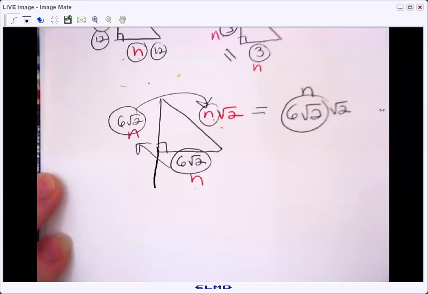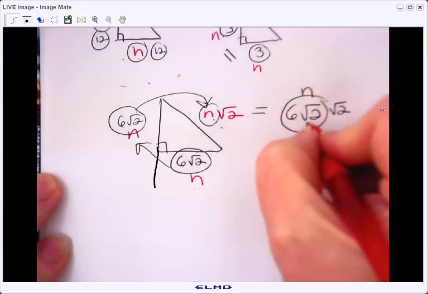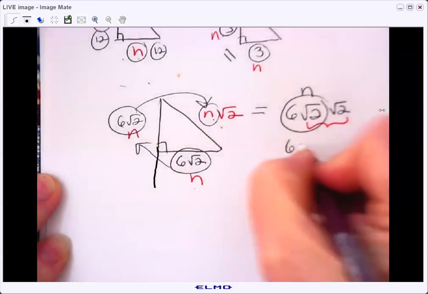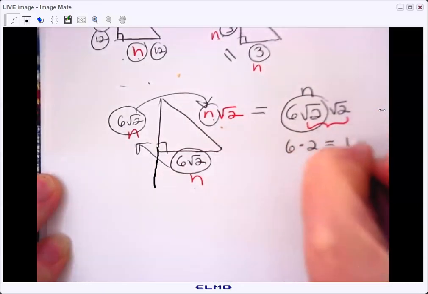So what do we get with root 2 times root 2? Just 2. Or we get square root of 4, and the square root of 4 is 2. They get a 6 times 2, which is 12.